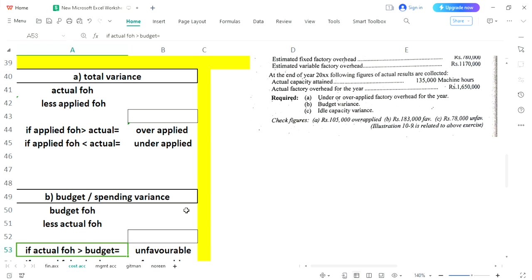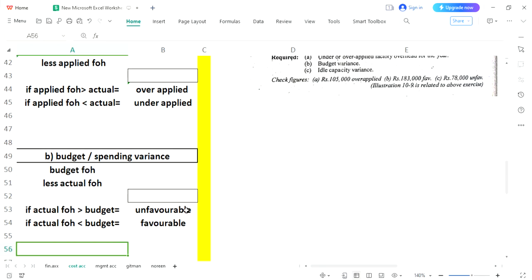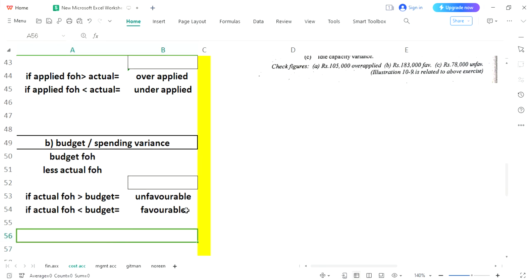And the name we have given was volume variance, which we mentioned in our previous lecture, that is volume, and its second name is capacity variance.